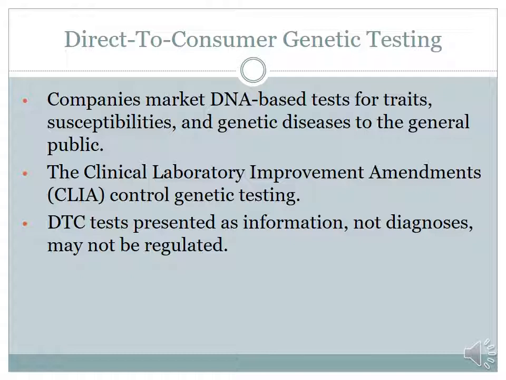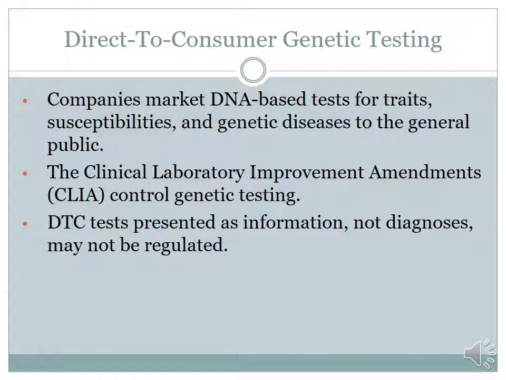In the United States, the Clinical Laboratory Improvement Amendments, or CLIA, control genetic testing of body materials for the prevention, diagnosis, or monitoring response to treatment of a disease or health impairment. The CLIA regulations, instituted in 1988, added specialty areas in 1992 to cover very complex tests, such as those involving immunology or toxicology.